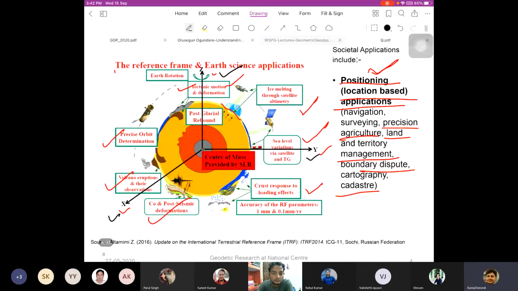Okay, so you should be comfortable with all these applications only after understanding the coordinate system. And not only a single coordinate system, the coordinate system has to be geocentric in nature. Geocentric means where your center of mass coincides with the center of gravity of the earth.